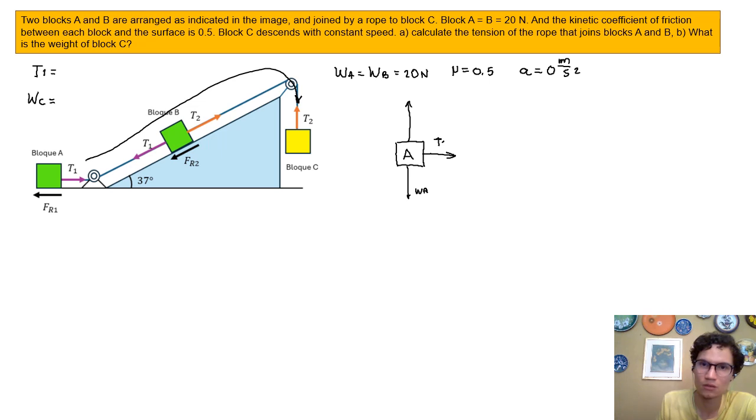And we will have a friction in the opposite direction to tension 1. The sum of all these forces in the y-axis is equal to 0, because in the y-axis there is no movement. We only have the normal force minus the weight being equal to 0. So the normal force is equal to the weight A, which is 20 newtons.